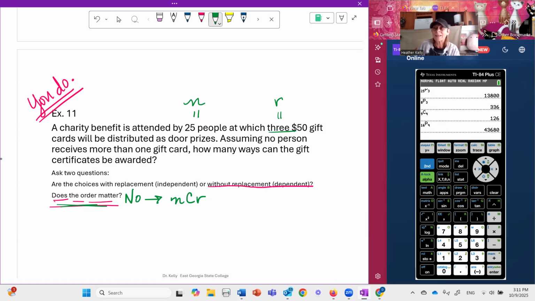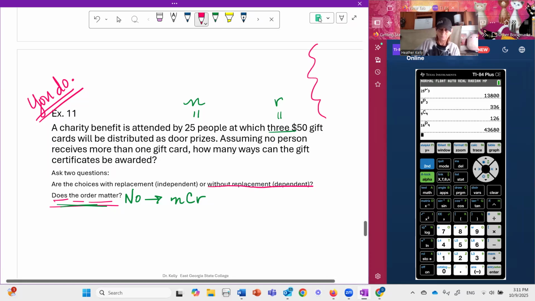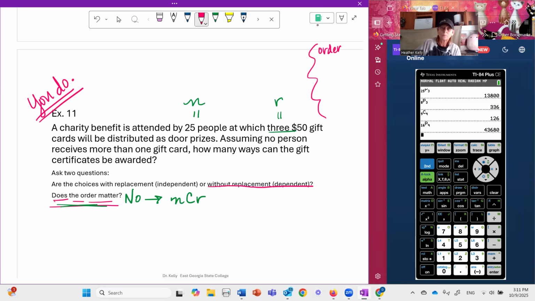We not care. Okay, because this is kind of hard to keep straight, let me just do a little side note up here. So order matters, nPr. Order not matter, now y'all watch how I write this.